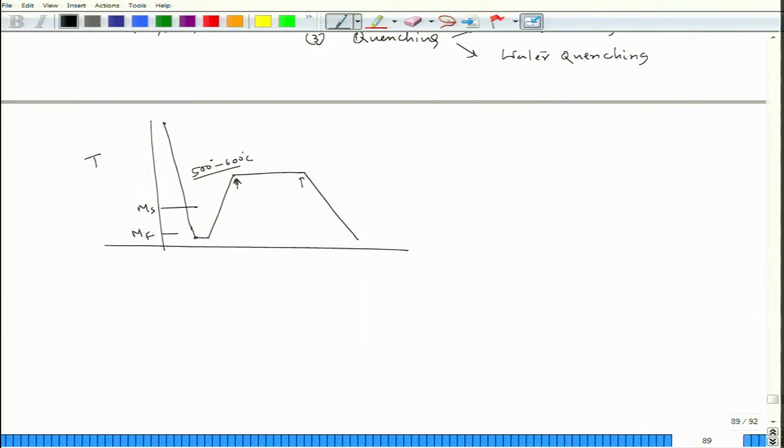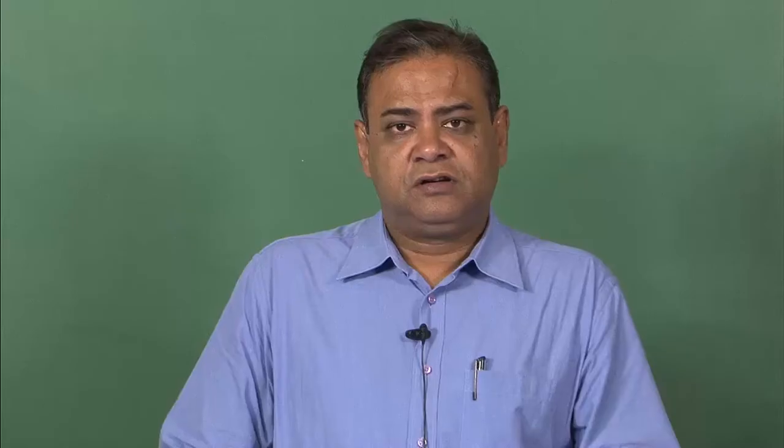Now, when we do this, the martensite changes its structure. This martensite forms some sort of carbide, which is called epsilon carbide, and the martensite also forms a modified, morphologically different ferrite, and epsilon carbide would be embedded in it.